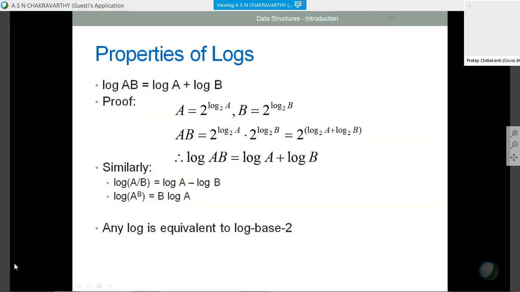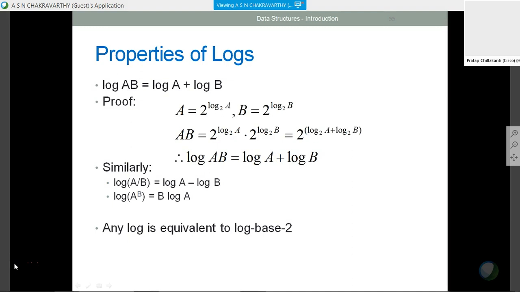So now we are going to have a quick overview of the logs, right? Because a lot of our algorithms, as we keep moving forward, you will get logarithmic analysis. Quick review of the log. I assume that you know this stuff, how to do the logs. Log AB equals log A plus log B, and there's a proof there.